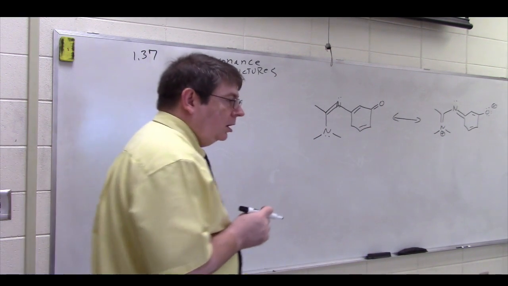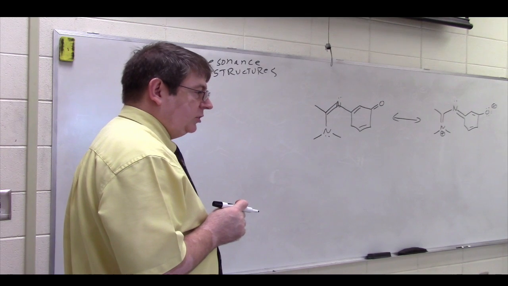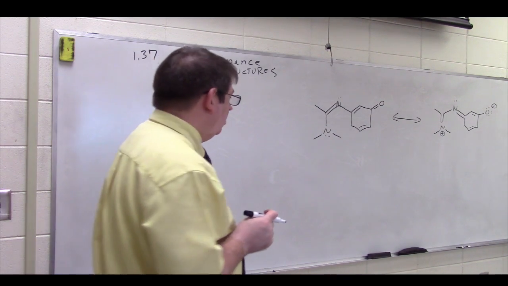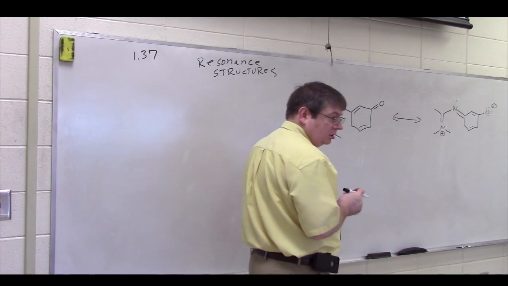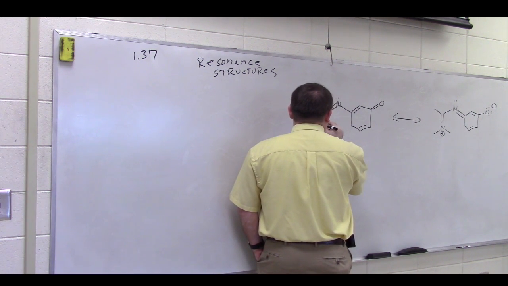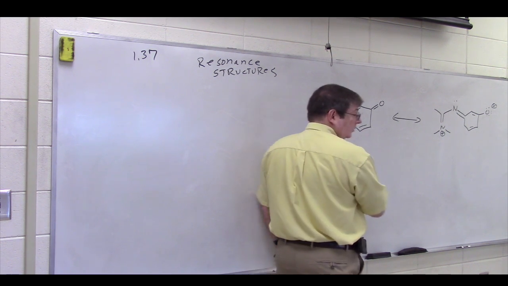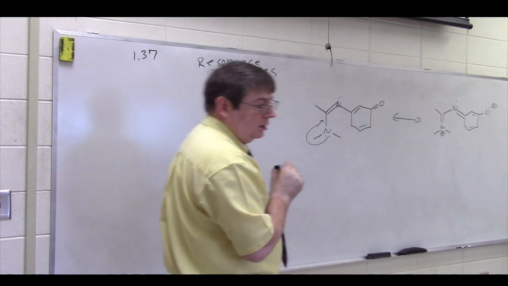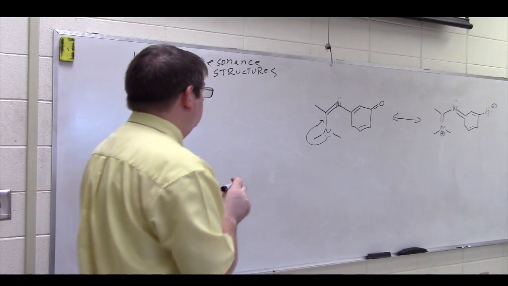Two lone pairs of electrons on nitrogen. Okay, I'm going to start at nitrogen with the lone pair. And what kind of arrow am I going to use? A double-barbed hook, right? Because we're moving 2 electrons, 1 pair. Now what do I push?